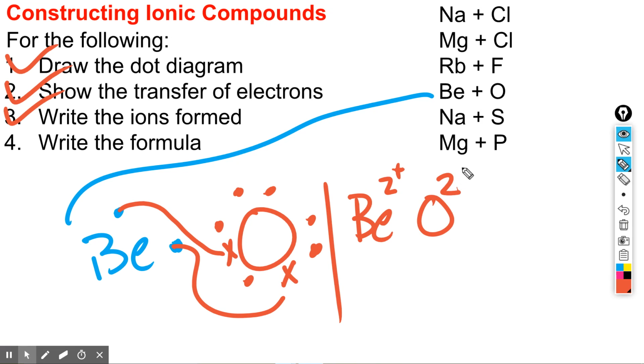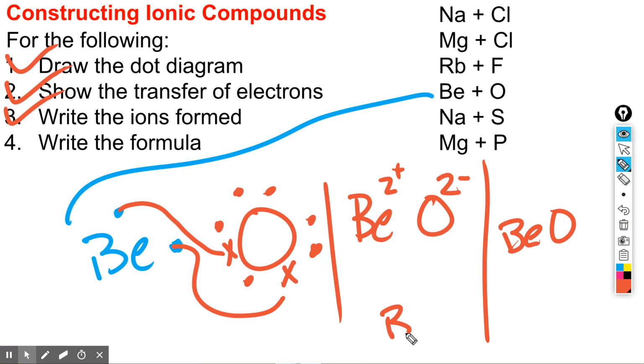Oxygen gained 2 negatives. And the formula, how many Be's and O's did you have when everybody had a full outer shell, 1 of each, and you would name it beryllium oxide. Go ahead and write it down. O-X-I-D-E. I'm not confident in my ability to spell beryllium, and I didn't make you memorize how to spell them, but you should have a periodic table in front of you, so write it down, beryllium oxide. Write the formula, did the name.